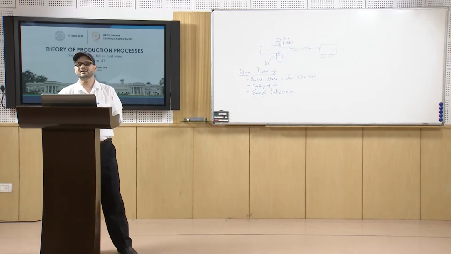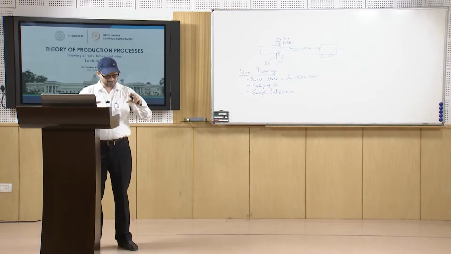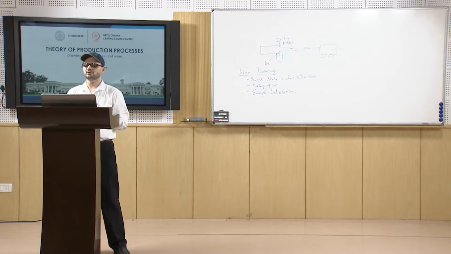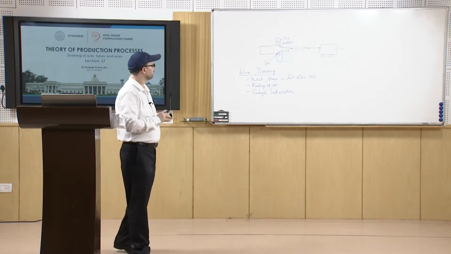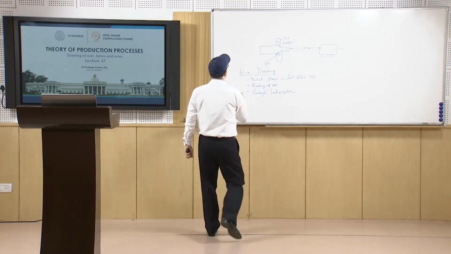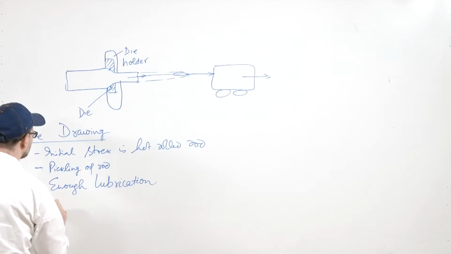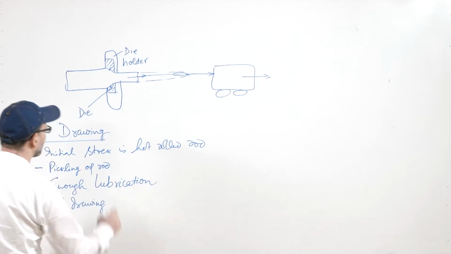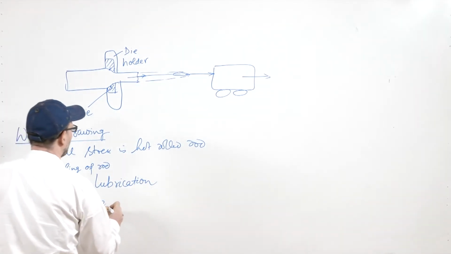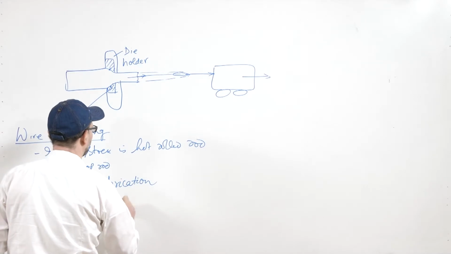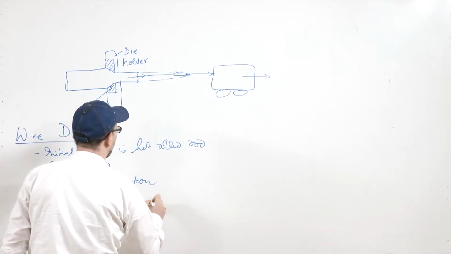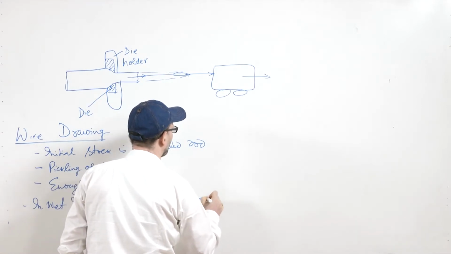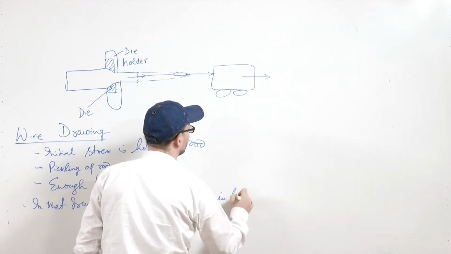The die and the rod are completely immersed in the oil, and that works as lubricant. So, in wet drawing, the die and rod are immersed in oil, in lubricant.